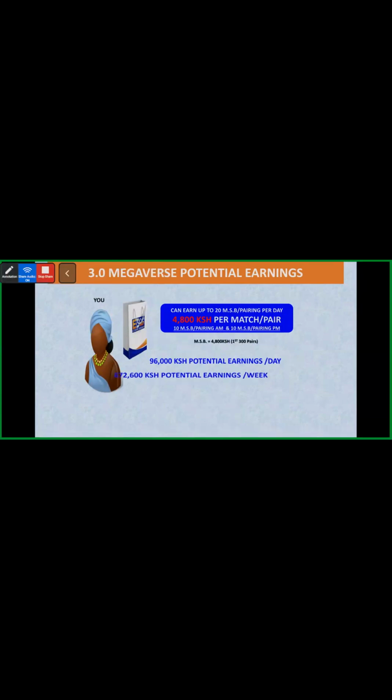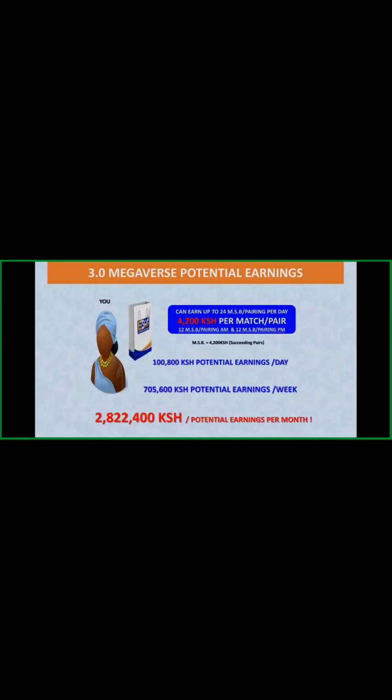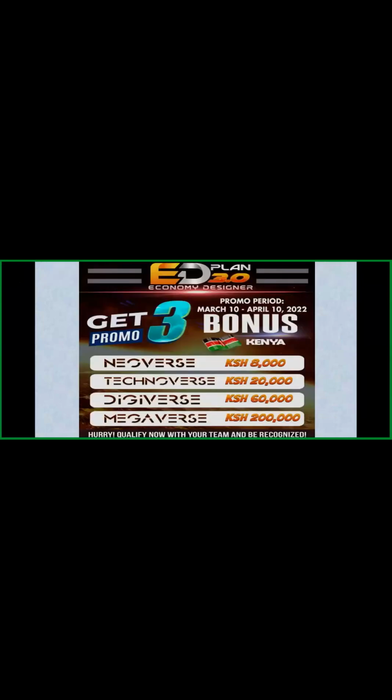So just like I told you, this one is by 31 accounts, iko na 31 accounts. So it's 96,000 by 31 accounts. And then pia hii ingine, it is 100,800 multiplied by 31 accounts. That is the potential earnings of the megaverse.